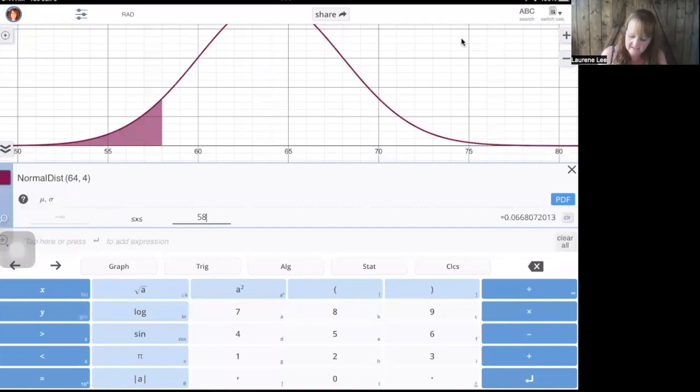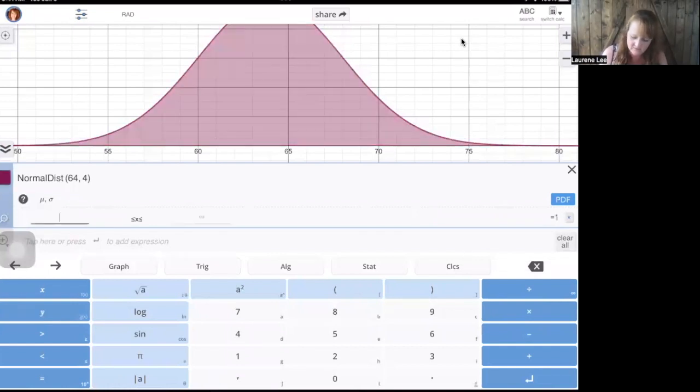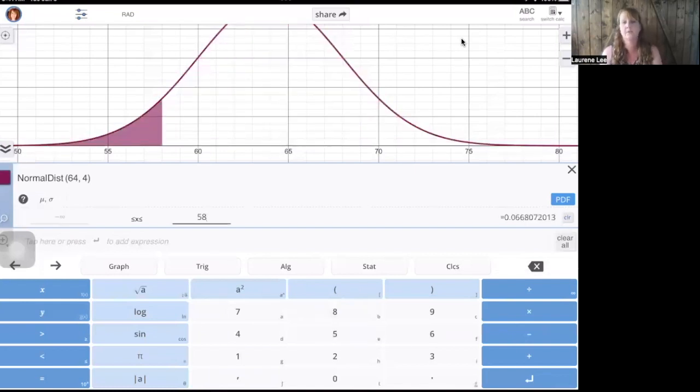Like if you accidentally put the 58 on the wrong side, then you go, oh, wait, that's not how I drew my picture, right? That's kind of a check for yourself. And then you go, oh, I must have put that in wrong. And so you can almost guess and check with class calc a little bit until the picture looks like you know it's supposed to.